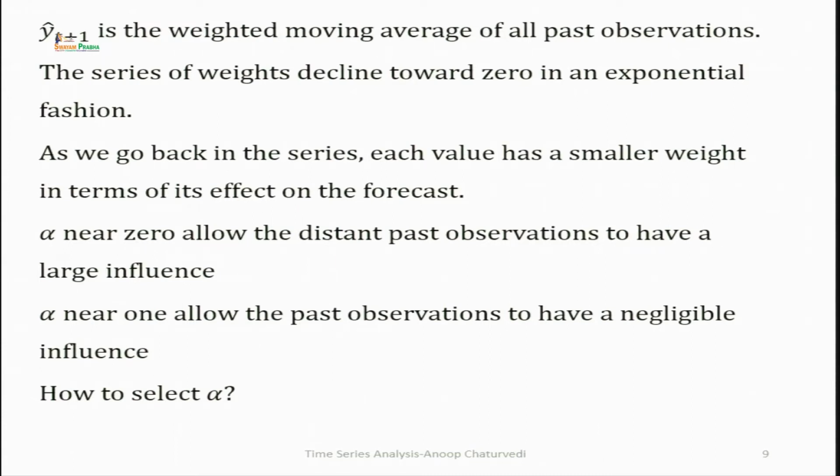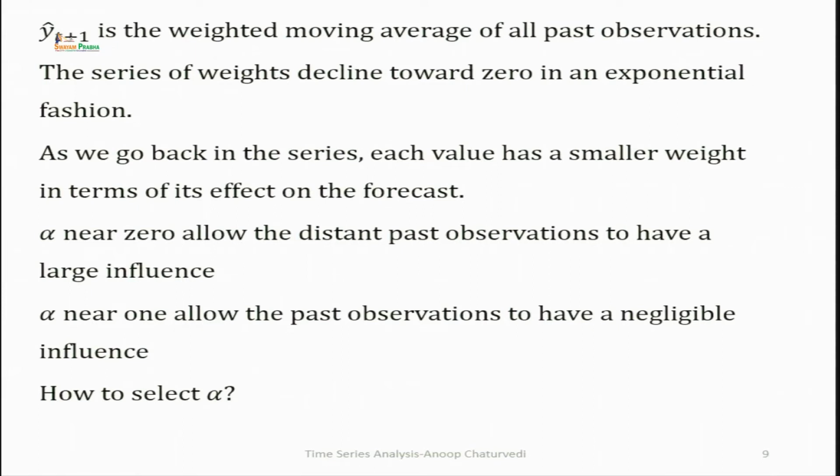It is an exponentially decreasing series. Then as we go back in the series, each value has a smaller weight in terms of its effect on the forecast. So, more recent values are getting more weightage and past values are getting less weightage.